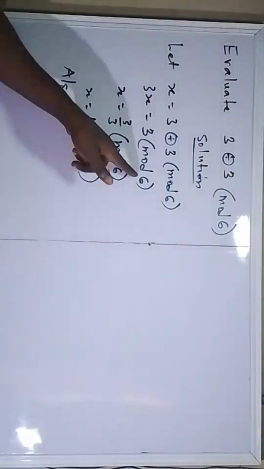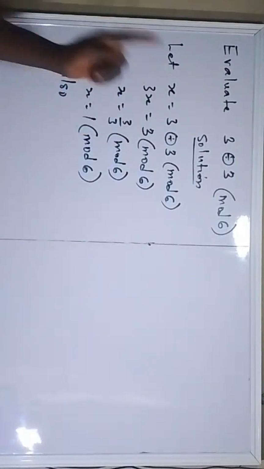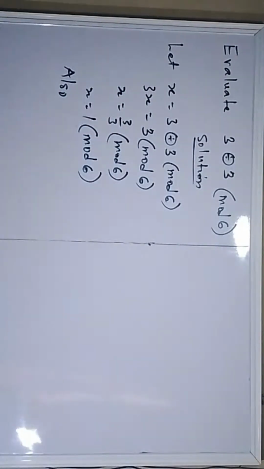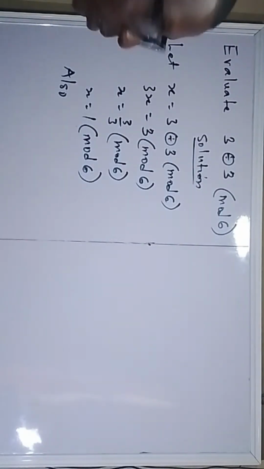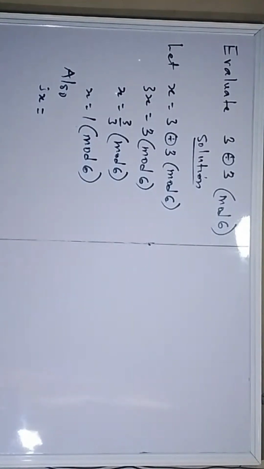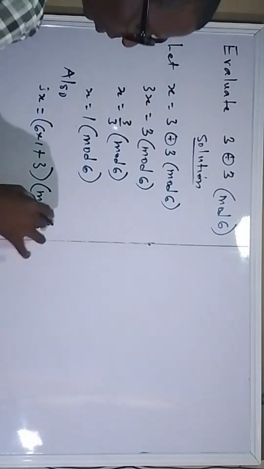So now let me add 6 to this. If I add 6 to 3, I have 9. And you can see now 3 can go into 9, so there should be something there. So I have 3x equals 6 times 1 plus 3 in mod 6.